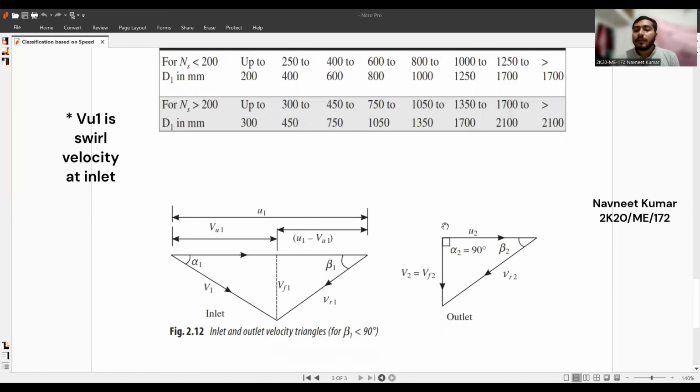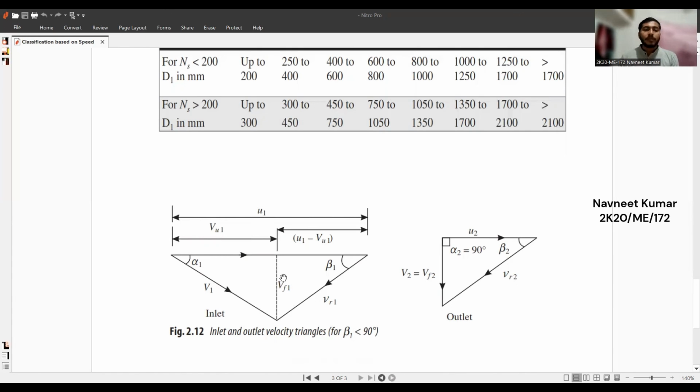As we know that the swirl velocity at the outlet is 0, the second term, which has Vu2, cancels out to 0, and we are left with u1 and Vu1. Unless it is specified, Vf1, that is the flow velocity at the inlet, and Vf2, the flow velocity at the outlet, are both considered equal.